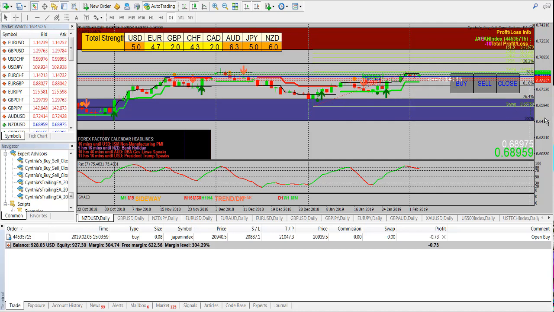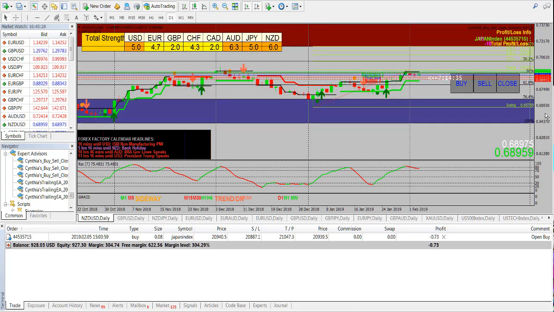So right now, so far today, has been a very strong New Zealand versus a fairly weak US dollar. So that means the New Zealand versus the US dollar has been going up.